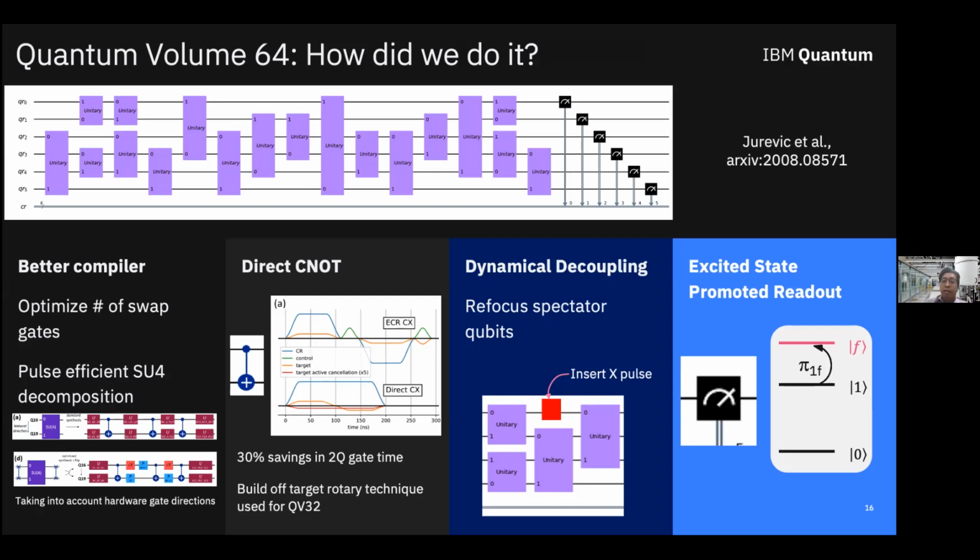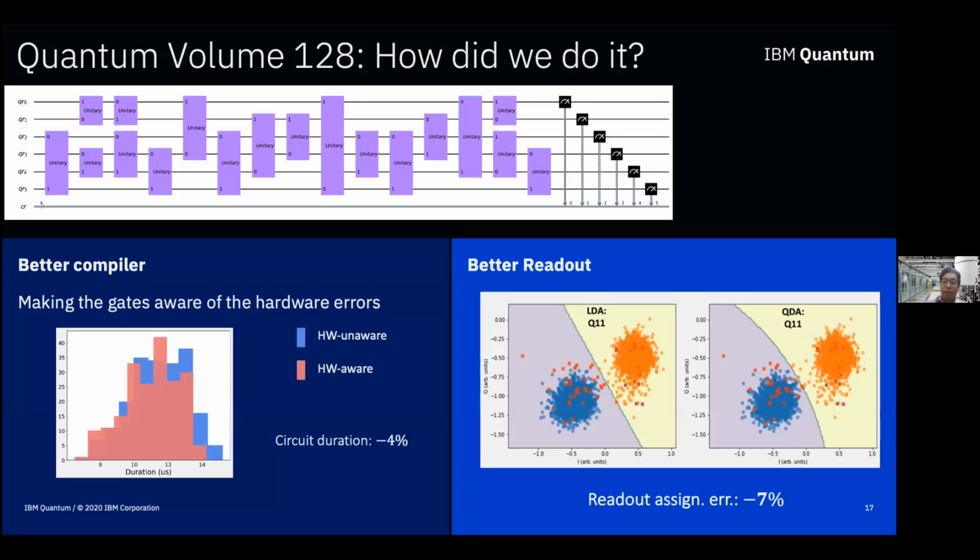And then subsequently, right, what we do is with these systems continuously advance some of the underlying techniques, and so at the software level, further driving better compilers, making the gates aware of some of the types of errors that we had, improves the decomposition, and then also starting to look at things like nonlinear classification of the readout states.